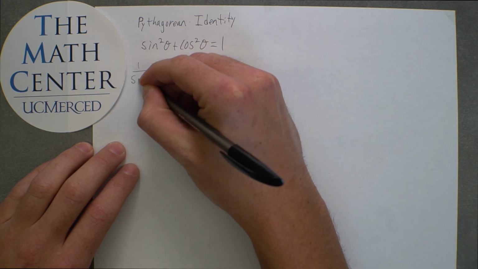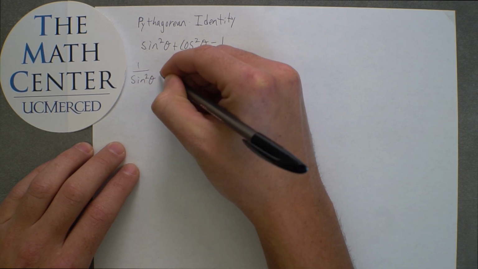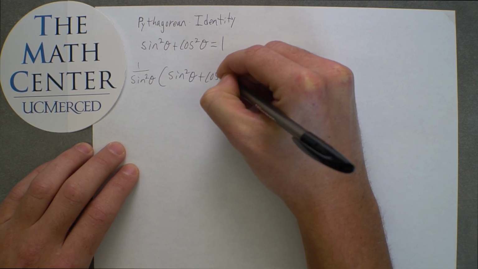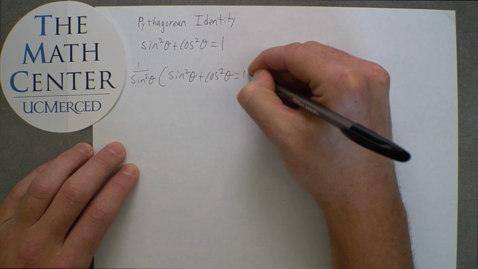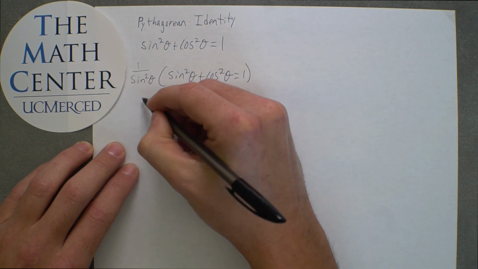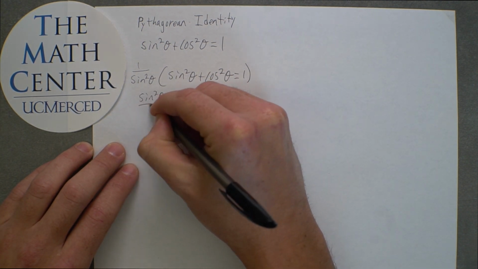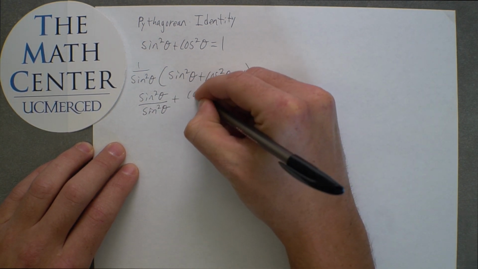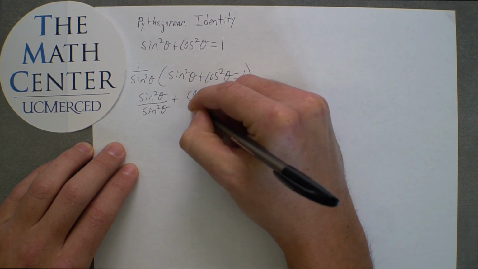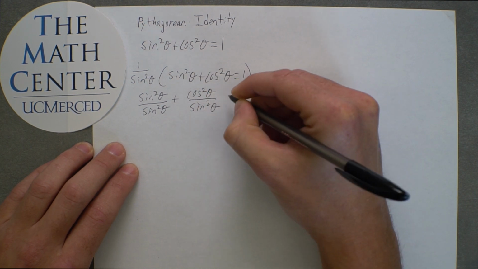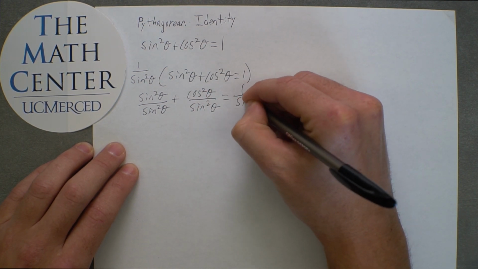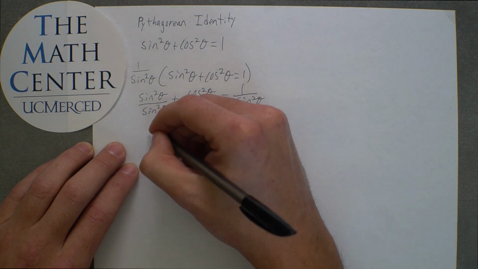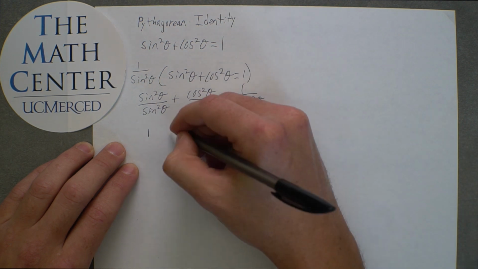So if you have 1 over sine squared theta times sine squared theta plus cosine squared theta equals 1, you get sine squared theta over sine squared theta plus cosine squared theta over sine squared theta equals 1 over sine squared theta. Now sine squared theta over sine squared theta is going to equal 1. It's the same thing as writing 1.